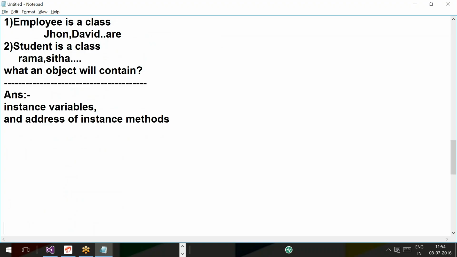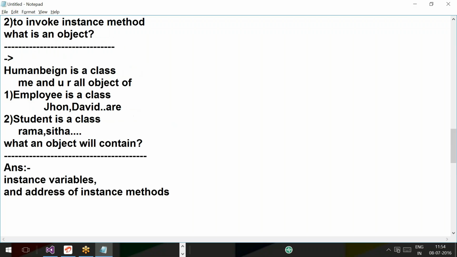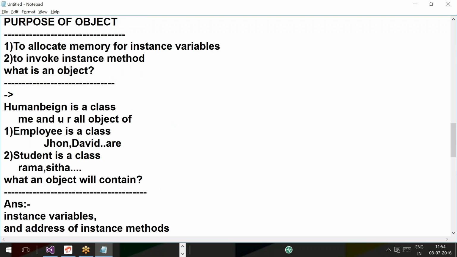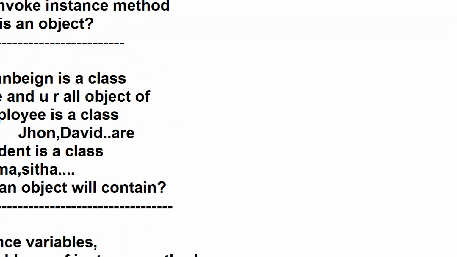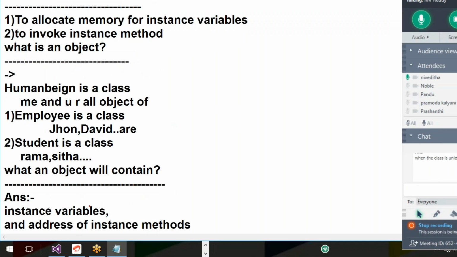Reference or address of the instance method, your object will contain. Okay, so that is the story. Finally, we can say why an object: to allocate the memory for instance variables. That's the reason the object contains instance variables. And to invoke the instance method, because the object has the address of the instance method.